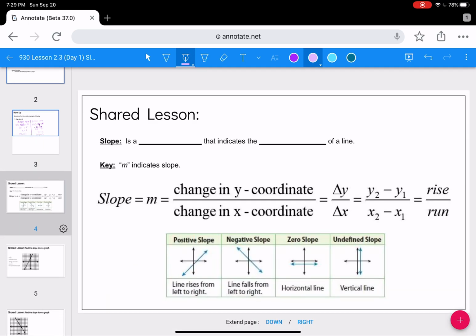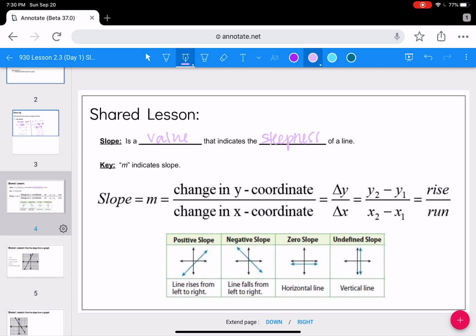All right. So today we're going to be talking about slope. Slope is a value represented by m that indicates the steepness of a line. It is the change in the y-coordinate over the change in the x-coordinate.